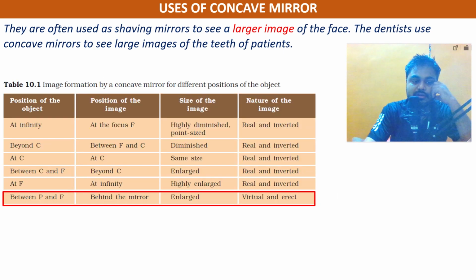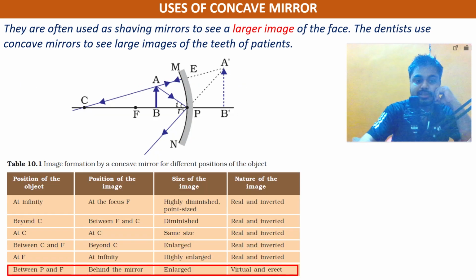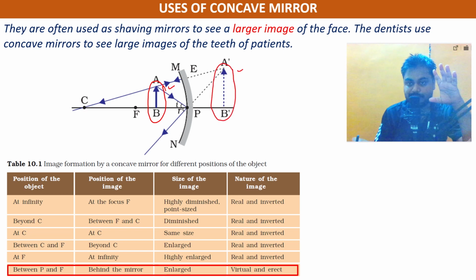There is only the concave mirror which gives us an enlarged virtual image of the object. So it's virtual and erect, and it is behind the mirror. This is the ray diagram for it, where this is the object and the image which is formed is erect, but it is enlarged.